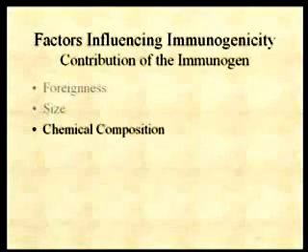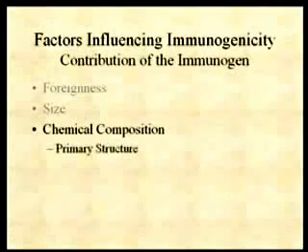Another thing that is important is the chemical composition. The more complex something is chemically, the more likely it is to be a good immunogen. So for example, polymers of different amino acids, like in a protein, are more immunogenic than polymers of the same amino acid, like poly-L-lysine. Now, that doesn't mean to say that poly-L-lysine can't be immunogenic. It's just that the more complex it is, the better of an immunogen it's going to be.